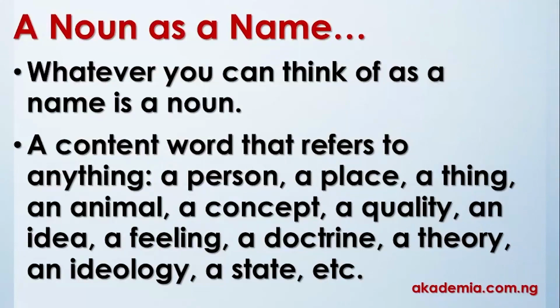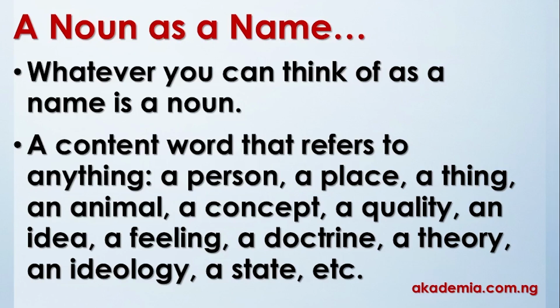A noun as a name. Like we said, anything you can think of as a name is a noun. So when you have a content word that refers to anything like a person, a place, a thing, an animal, a concept, a quality, an idea, a feeling, a doctrine, a theory, an ideology, a state, and so on and so forth, all of this can be referred to as noun.